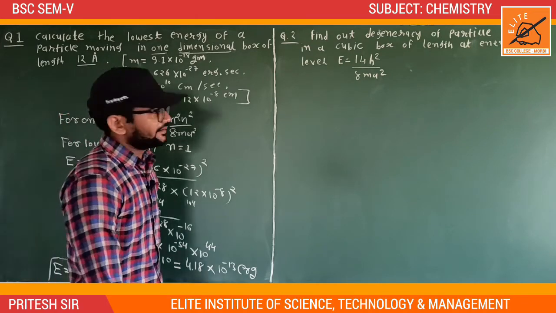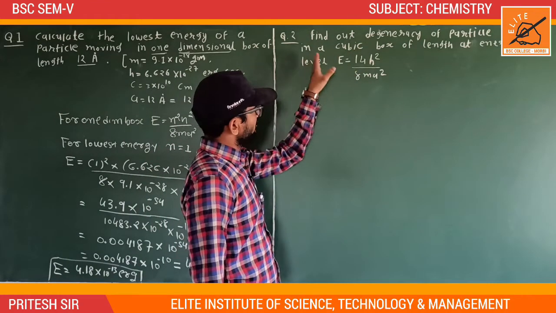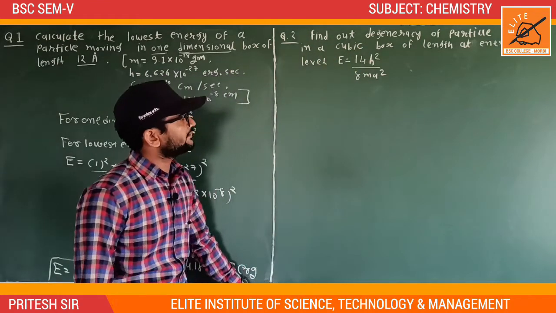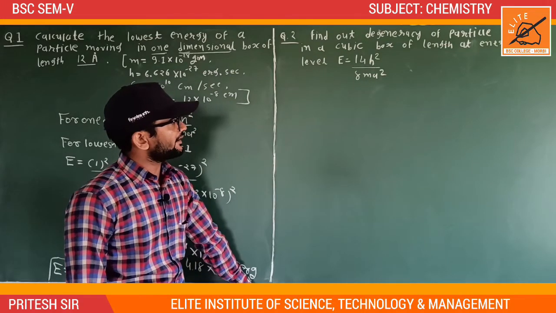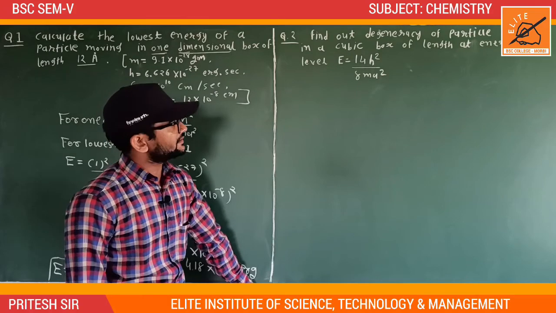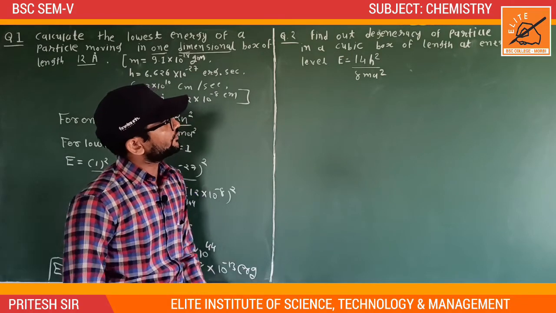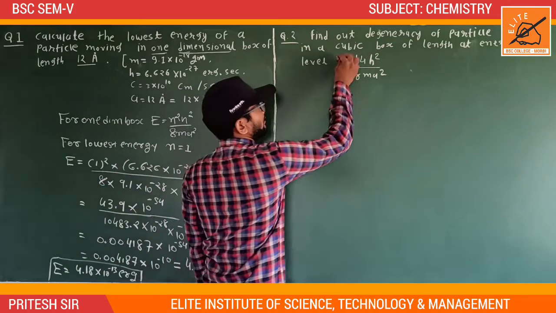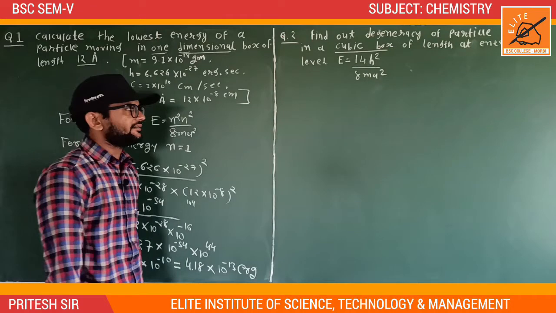Okay, so another question is question number 2. Find out the degeneracy of a particle moving in a cubic box of length a at energy level E is equal to 14 h square upon 8 m a square. This question is related to a particle in a cubic box. So for a cubic box, what is the value of energy?